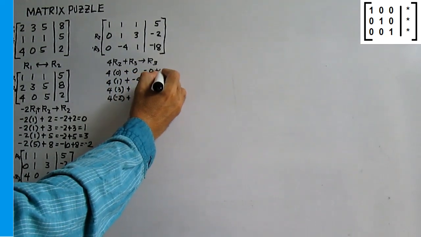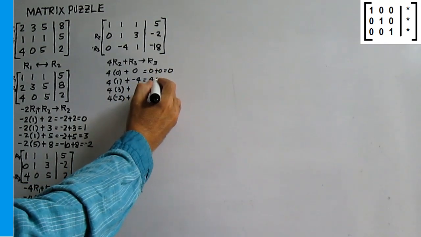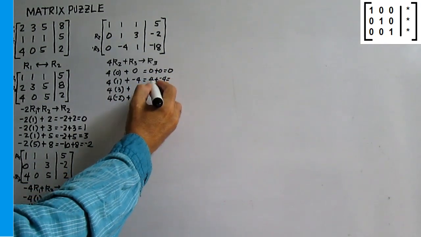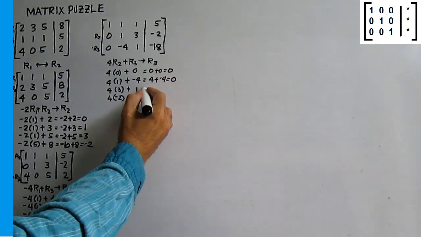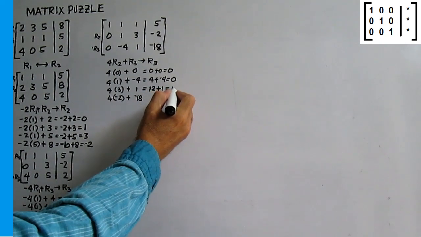Zero plus 0 is equal to 0. 4 plus negative 4 is equal to 0. 12 plus 1 is equal to 13.